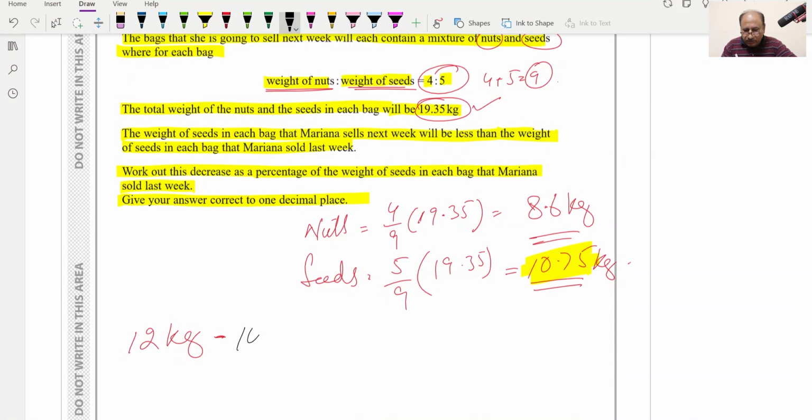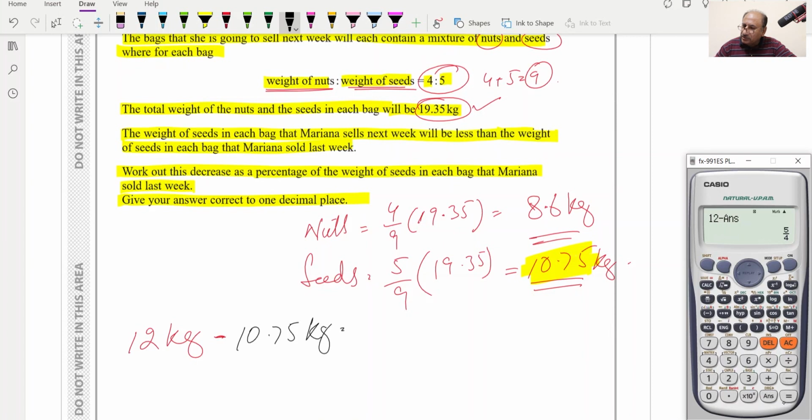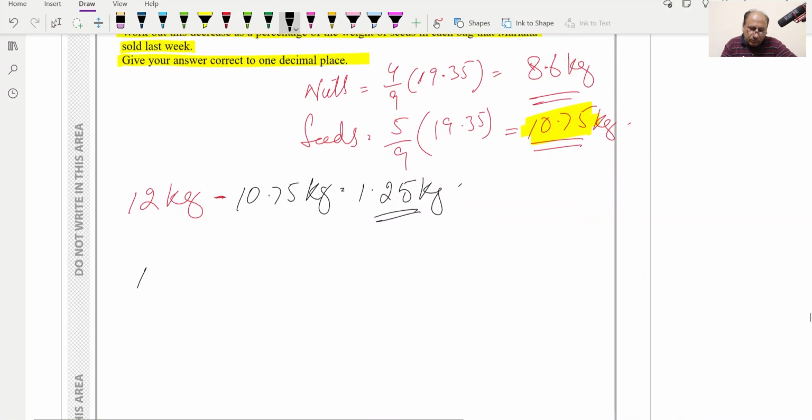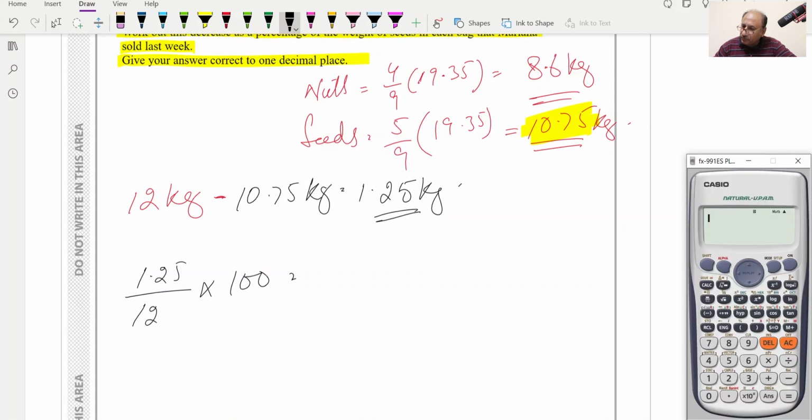So the reduction is 12 minus 10.75, which is equal to 1.25. So 1.25 kg will be the reduction, and this is against 12 kg. For the percentage we calculate 1.25 divided by 12, multiplied by 100, and the decimal value is 10.4166.